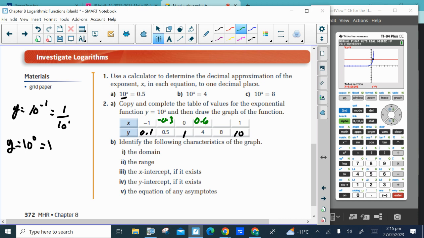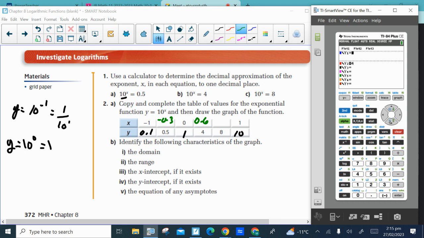And where does 10 to the power x equal positive 8? Our x value is 0.9.